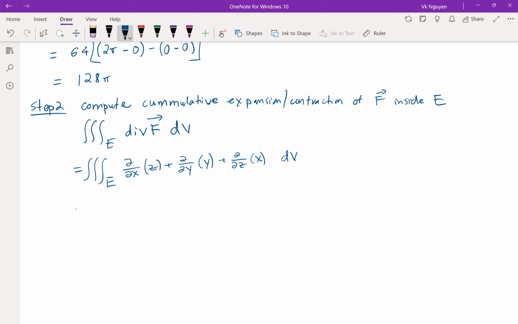So what we have is just a triple integral over E of 1 dV. Well, this is just the volume of E. Yeah, this is exactly the volume of E here.